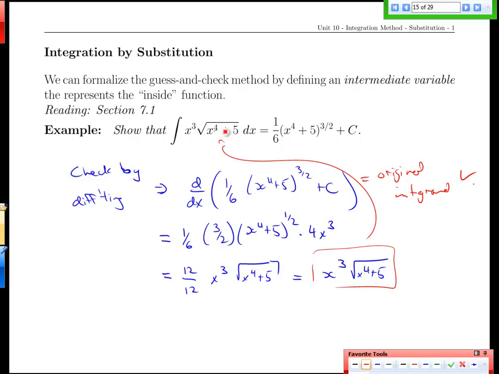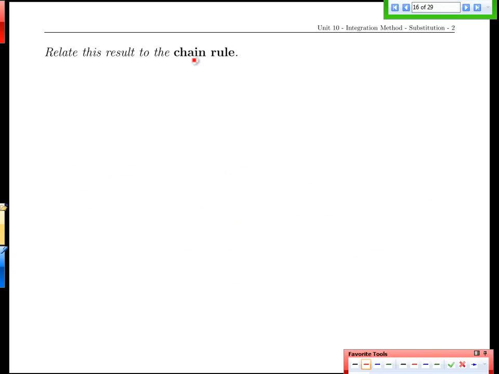Okay, our next question is, how would we have known that if we had not been given this? How would we have seen what the antiderivative might be? Let's take a look. If we look at that x cubed square root of x to the 4 plus 5, you'll notice that this part here came from the derivative of something to do with this x to the 4.